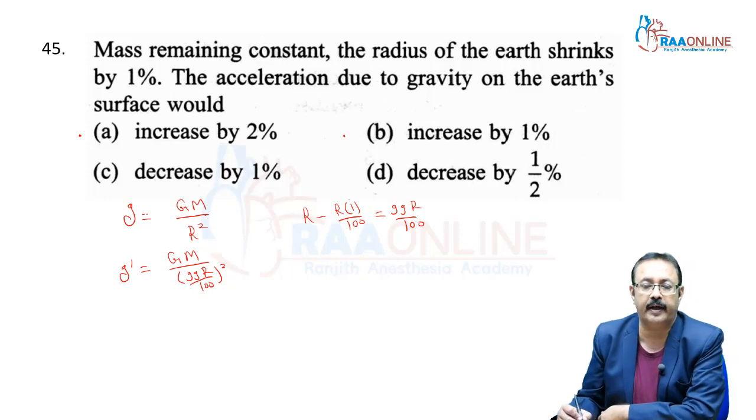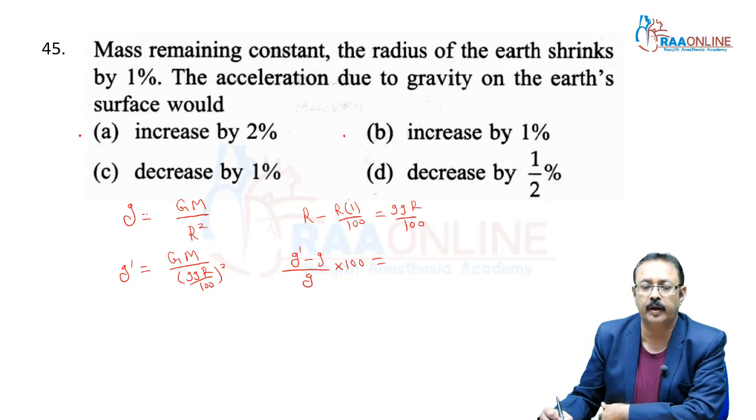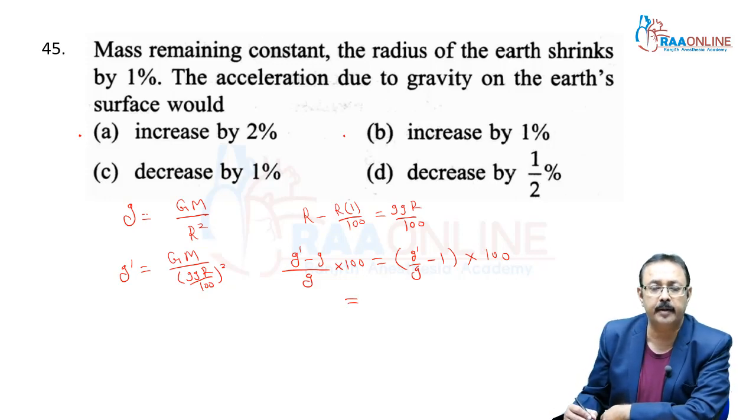By what percent, we have to calculate. By what percent it is increasing means (g dash minus g) by g into 100. We want to calculate this figure, meaning (g dash by g minus 1) into 100. So what is g dash by g? Dividing g dash by g, GM by r square will be cancelled out.